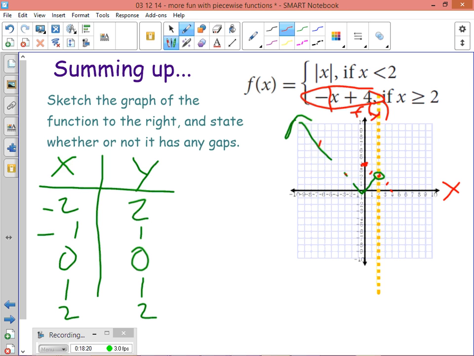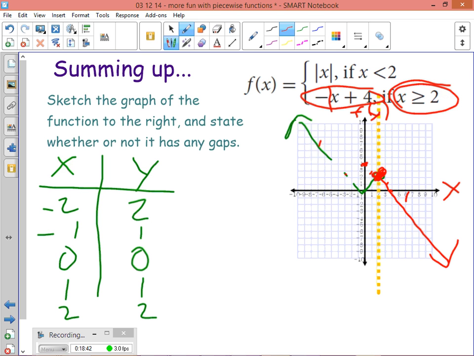But remember, I can only use this line for greater than or equal to 2. So it turns out that the equal to 2 part is at 2, right where the hole was from the other part. So I'm just going to fill that in with my red line. Continue that way.